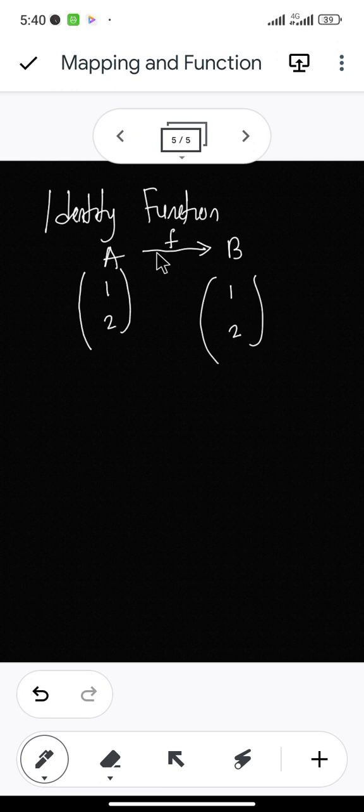So these are an identical function, or an identical mapping, where the element in the domain gives an identical element in the codomain. Understand? It's just very plain. The arrangements can differ. 2 can be up, 1 can be down. It doesn't matter.